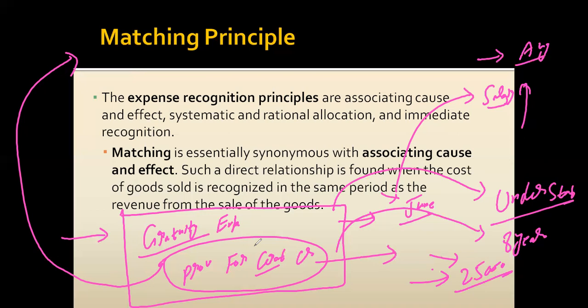So different kinds of provisions like provision for bad debts, provision for warranty, provision for sales return, these employee benefits provisions, all of them we are recording just to follow the matching concept, which says that expenses must be recorded in the same period in which they are generating the benefit for us.